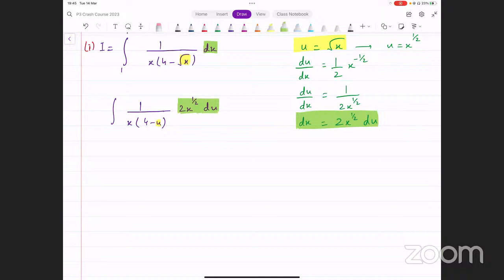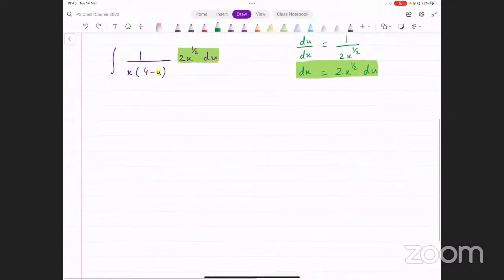Once that is done, we think about the remaining x terms that we have. We have an x here, and we have x here. We could first simplify that. This is x power 1 in the denominator. This is x power 1 over 2 in the numerator. We could write this as integral of 1 over x power 1 over 2 into 4 minus u.